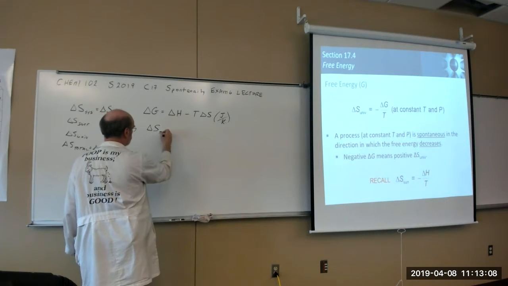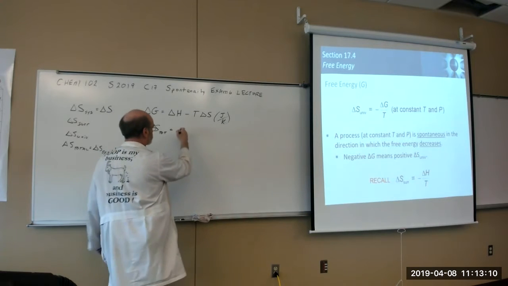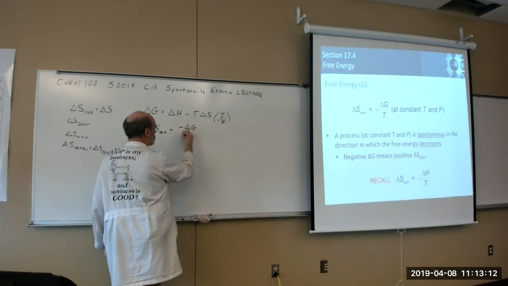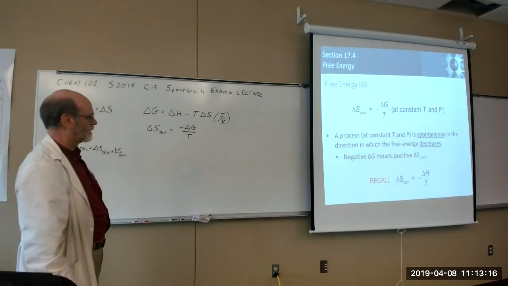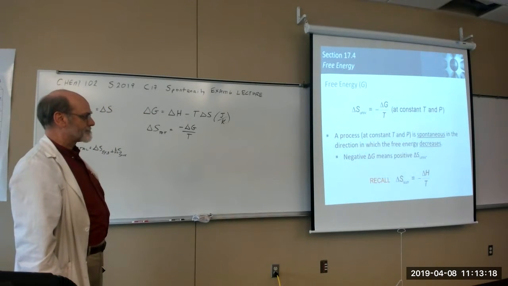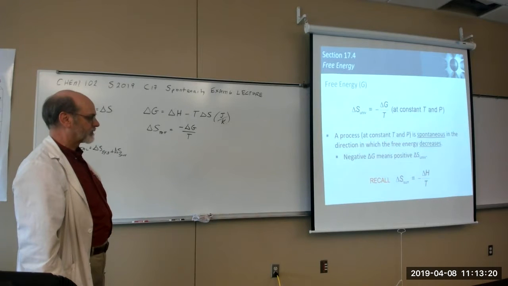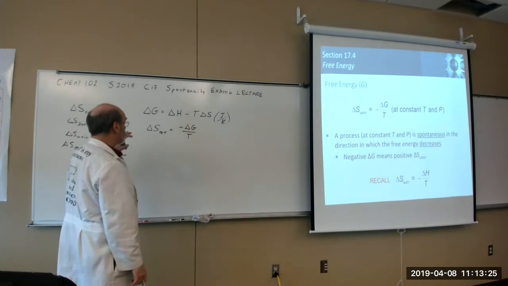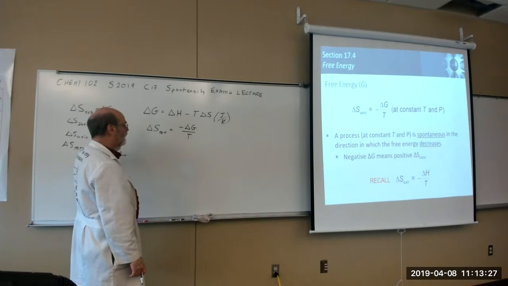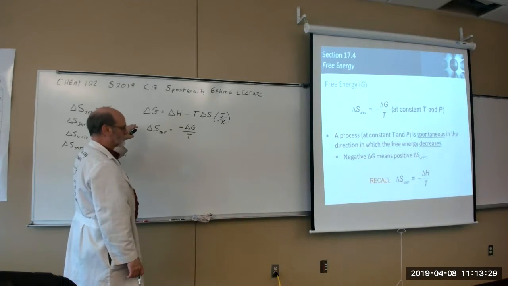So this total, or universe, either one, is negative delta G divided by T. Now that we have this expression, when is the reaction spontaneous?